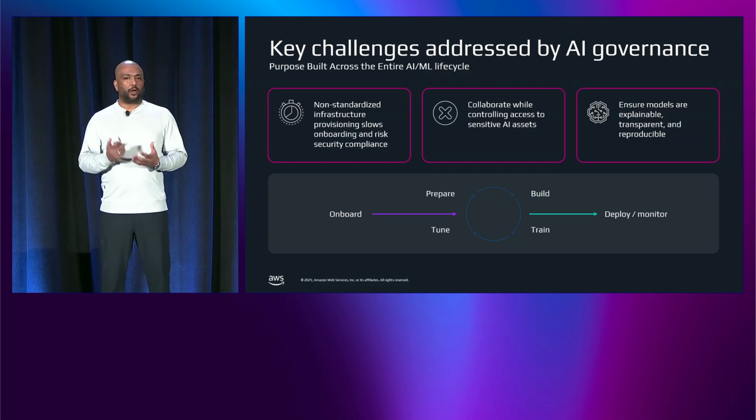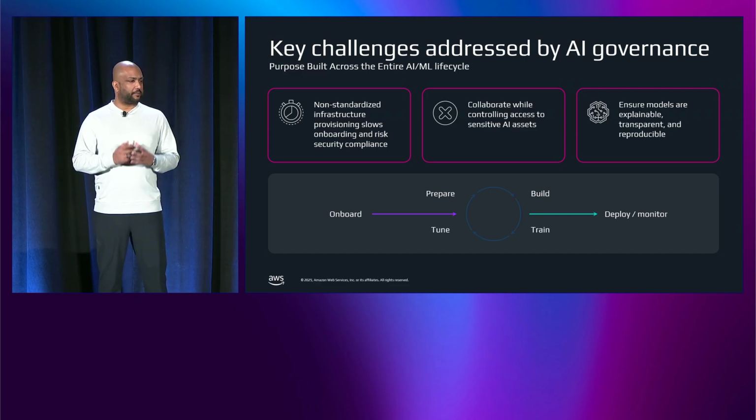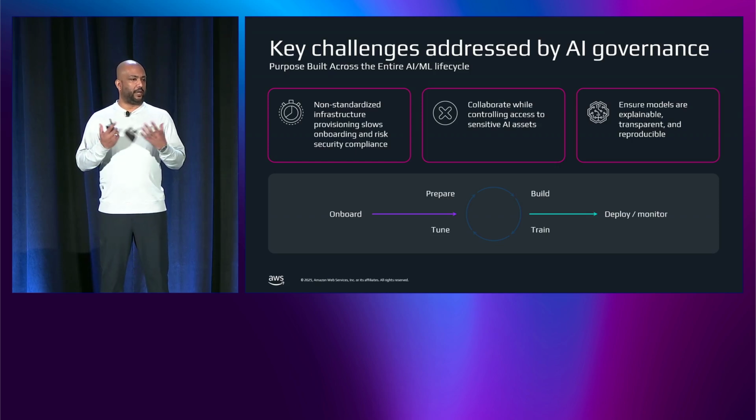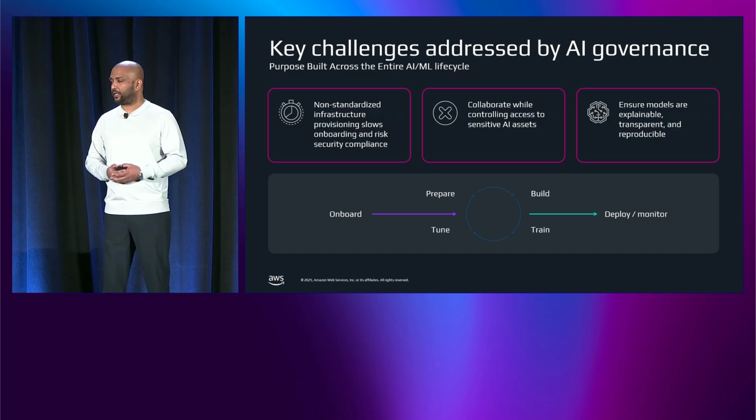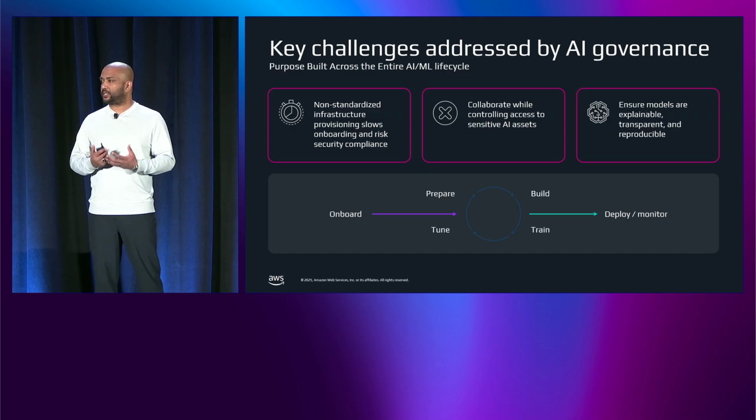Without governance, what we often see customers complaining about and challenges they often run into is not having standardized infrastructure. This leads to slow onboarding. You need to provision the infrastructure first, and there are often multiple risks associated with this as well, whether it be security risk.